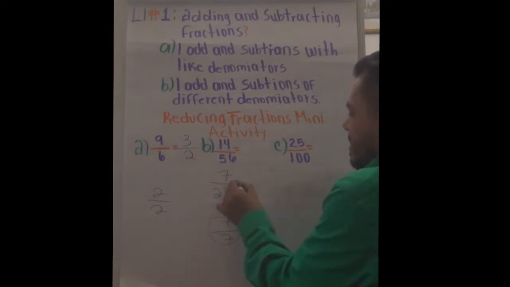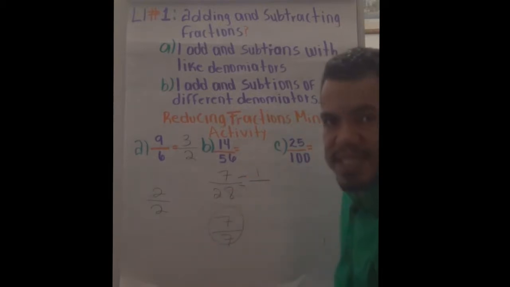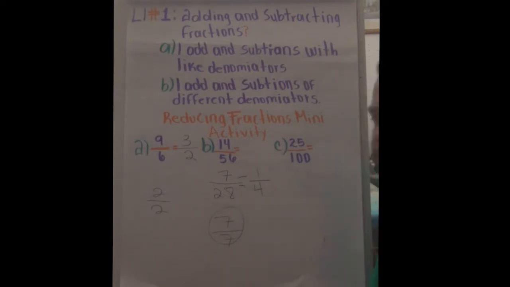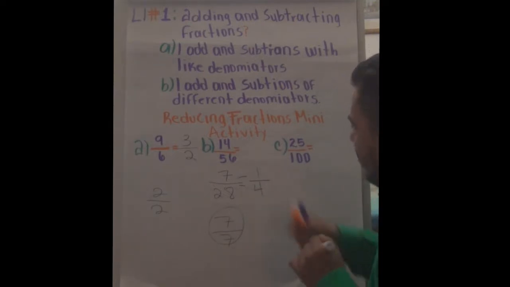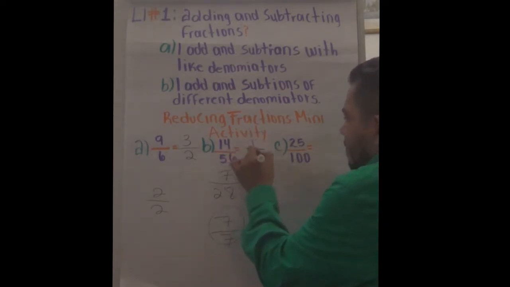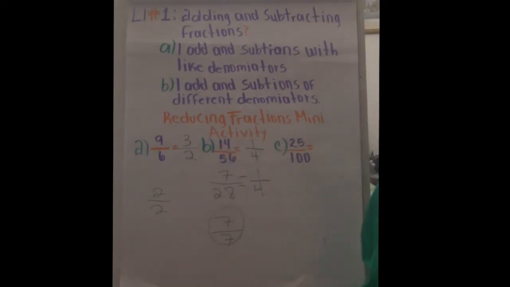So if I divide the top by 7, I get 1. If I divide 28 by 7, I get 4. Make sense? Okay then. So 1/4 is the simplest form of 14 over 56.